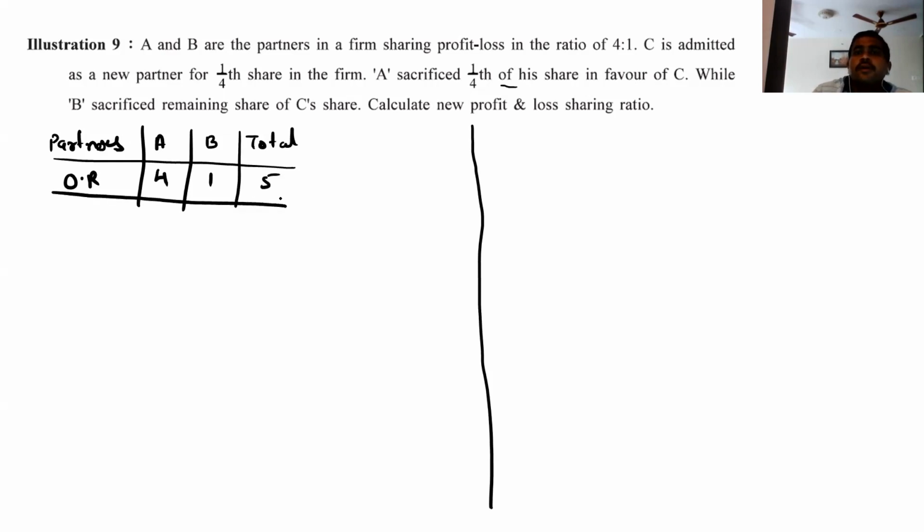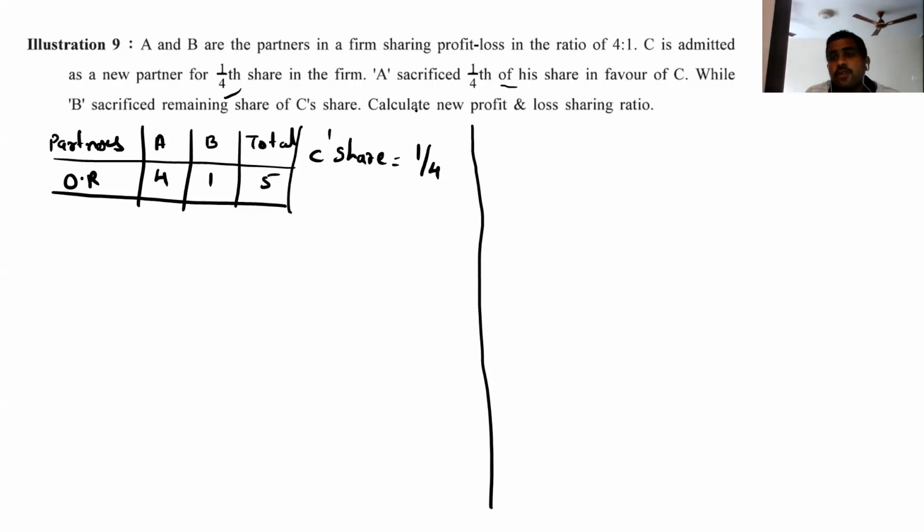Clear? First information, C is admitted as a new partner for 1/4 share in the firm. So first we can say C's share. So what friends? C share is how much? 1/4. That is over.